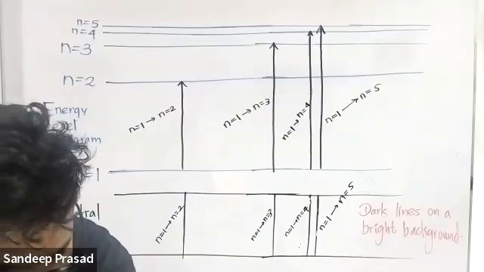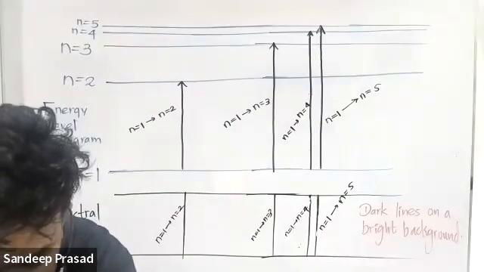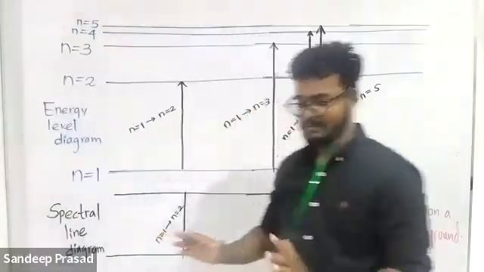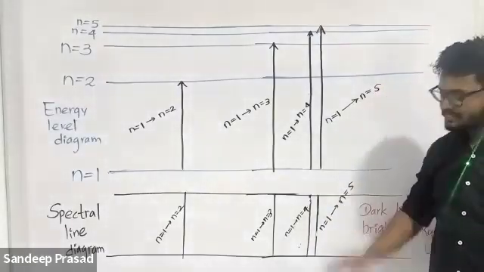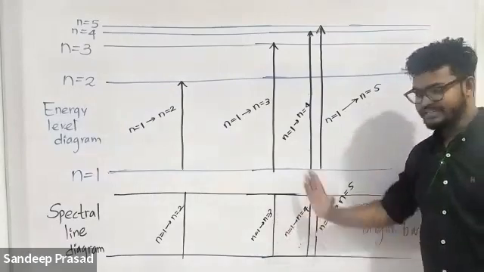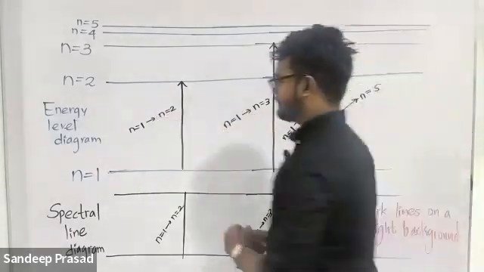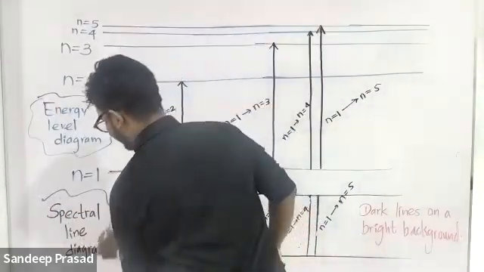So, are energy levels drawn vertically in the spectral line diagram? No. Remember, students, most students misunderstand this. This is the energy level diagram. But remember, this is the spectral line diagram.